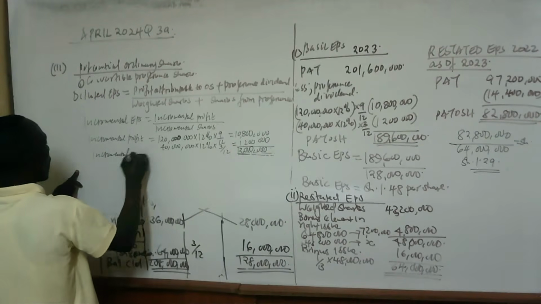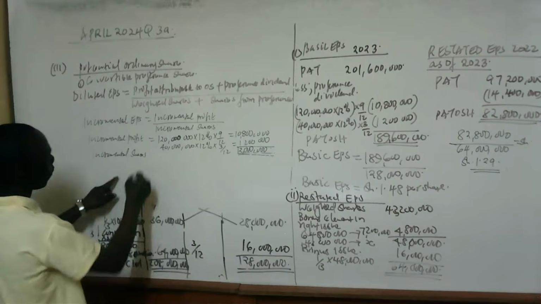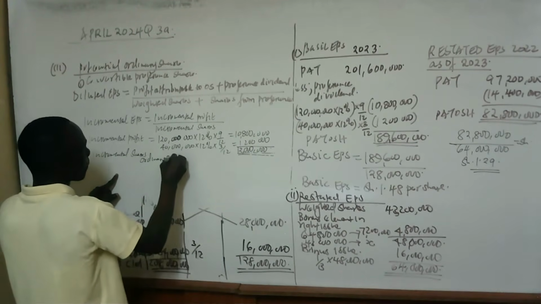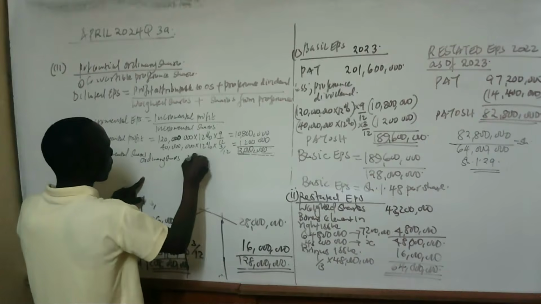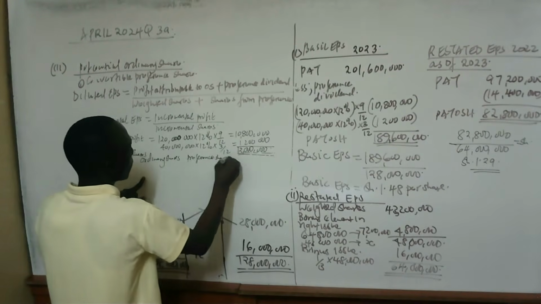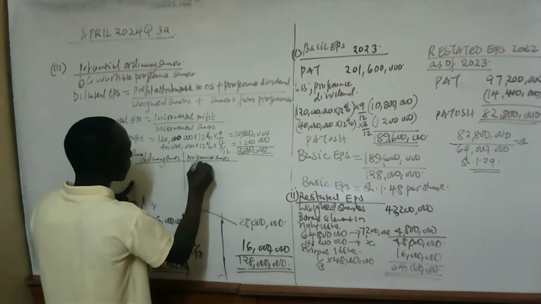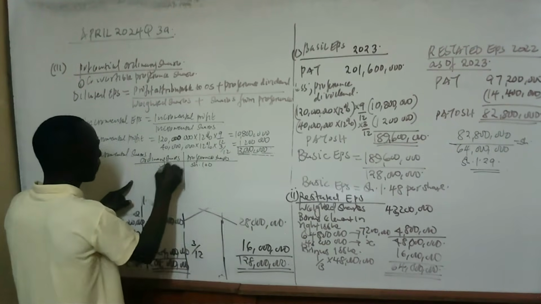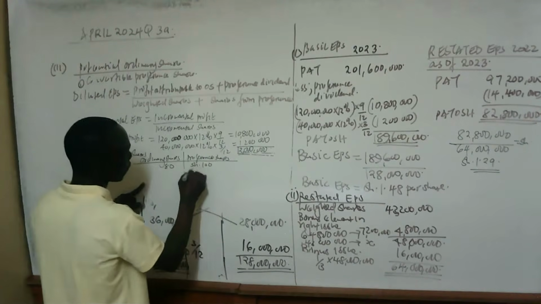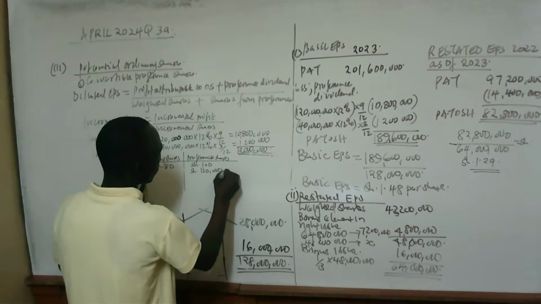Then let us get the incremental shares. For the incremental shares, we have the ordinary shares and the preference shares. For every shillings 100, you are given 80. What about shillings 120 million?